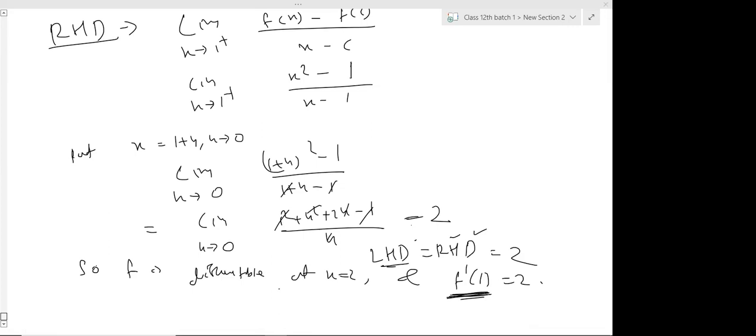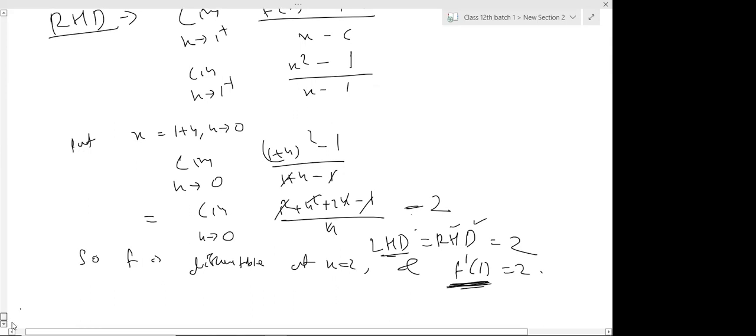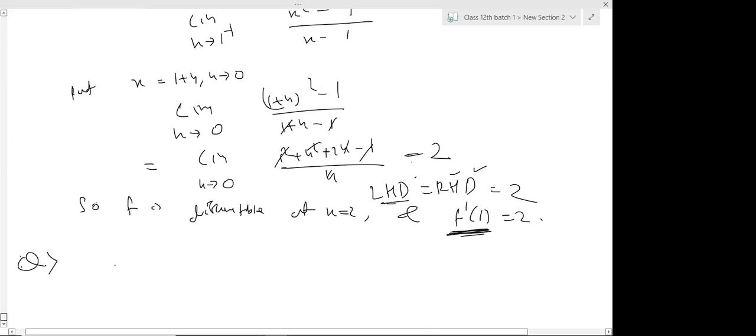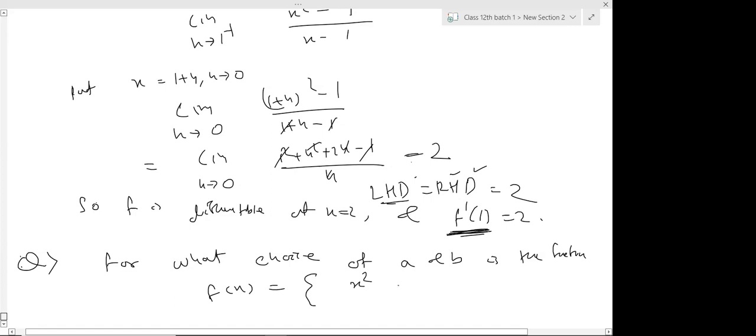All right, one question for homework. For what choice of a and b is the function f of x equals x square, x is less than c, ax plus b, x is more than c, differentiable at x equals c.